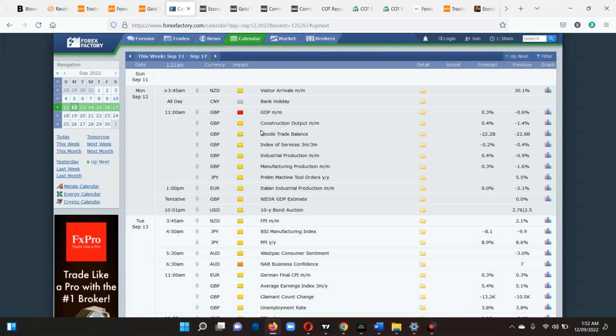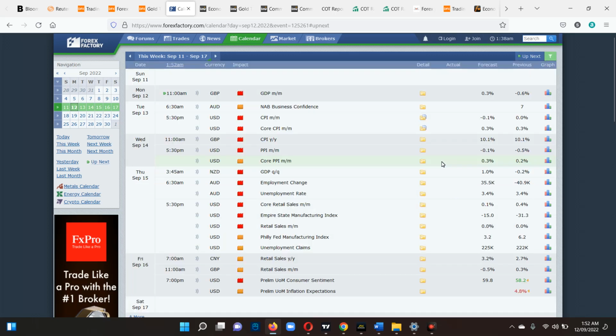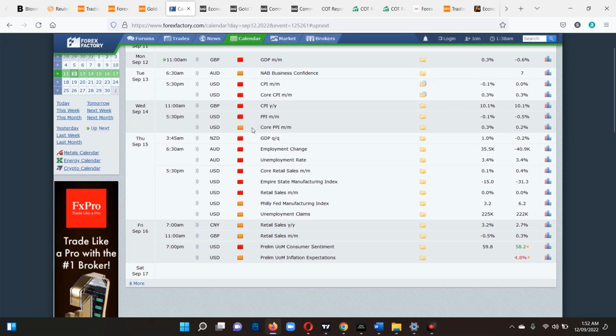First of all, let me close the non-impact and low impact news, so we get only the major data that can affect the market. Today there's important GBP data, and on Tuesday there's important USD CPI and core CPI data. Wednesday also has important GBP and USD data, and on Thursday we have important New Zealand dollar and USD data that can make the market very volatile. On Friday we also have very important data from China and the USD.